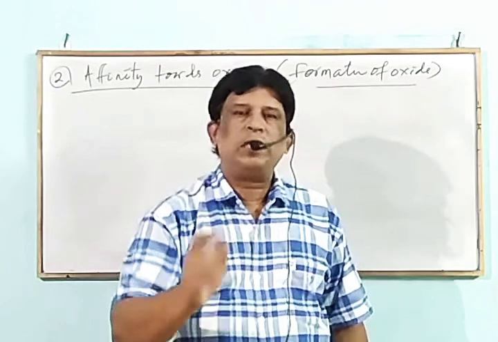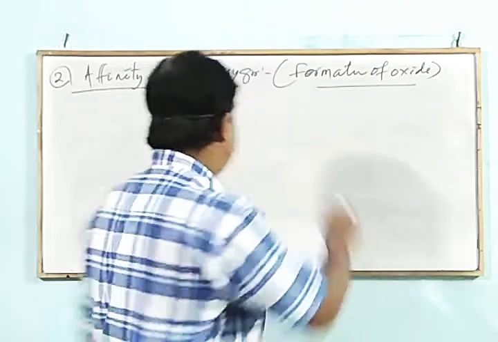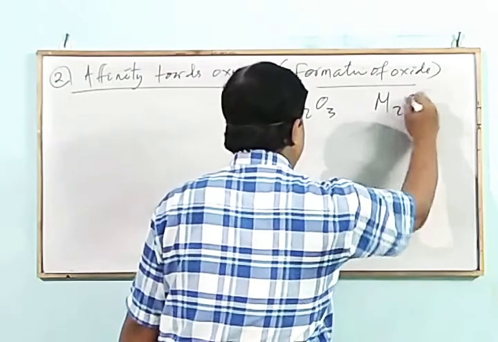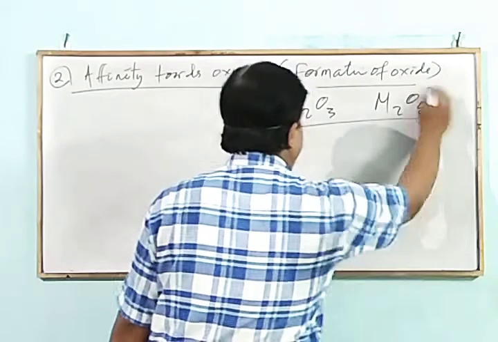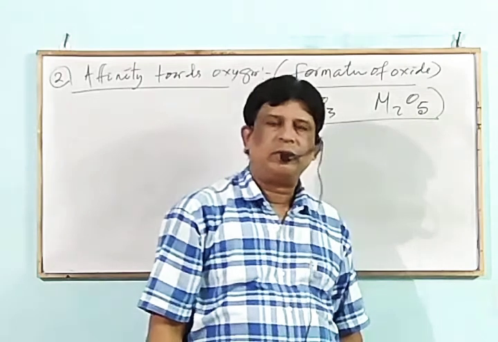The members of this family form two types of oxide, that is M2O3 and M2O5, where M is a member of this family.